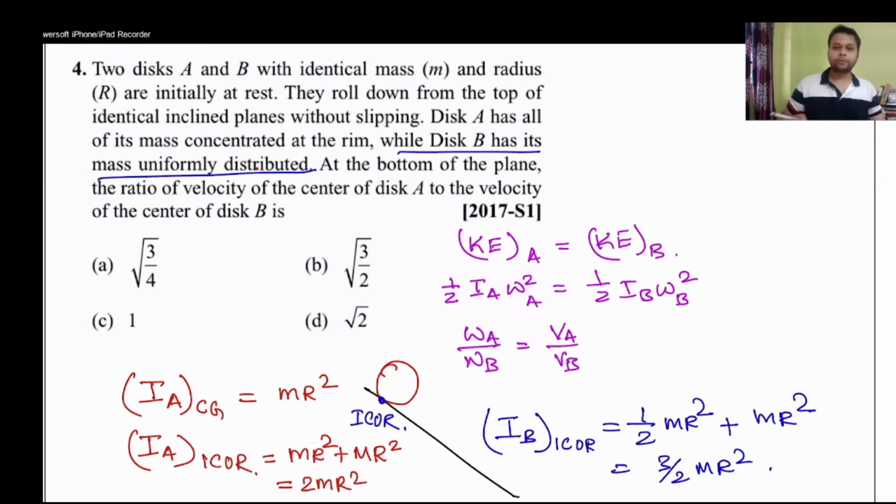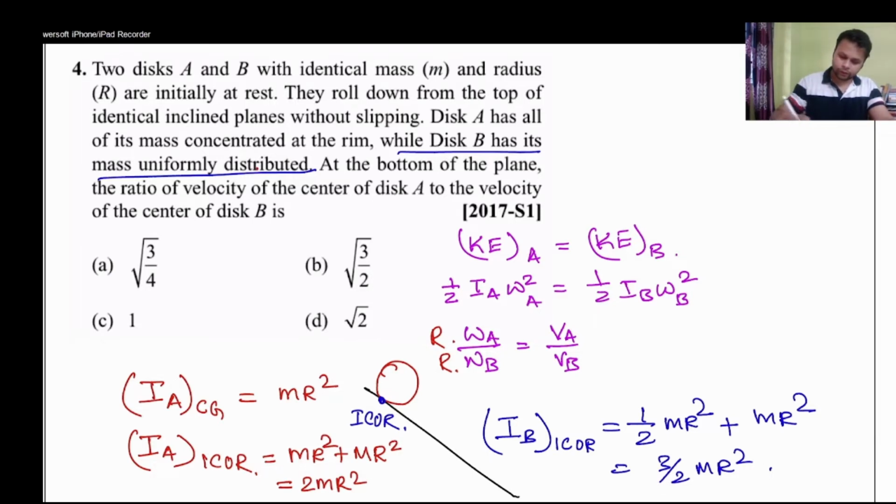How? If I multiply the numerator and the denominator with R, omega A into RA becomes VA, because the radius of both the discs is the same, so I can write it as VA and VB.